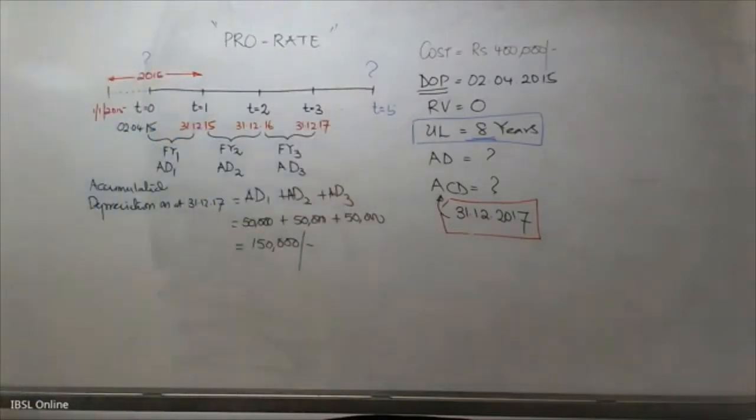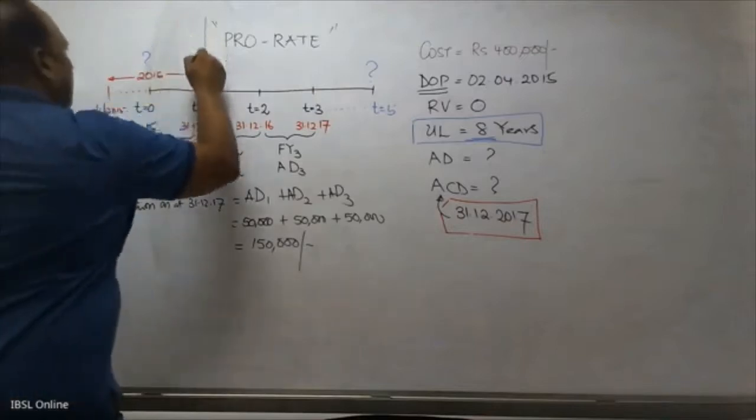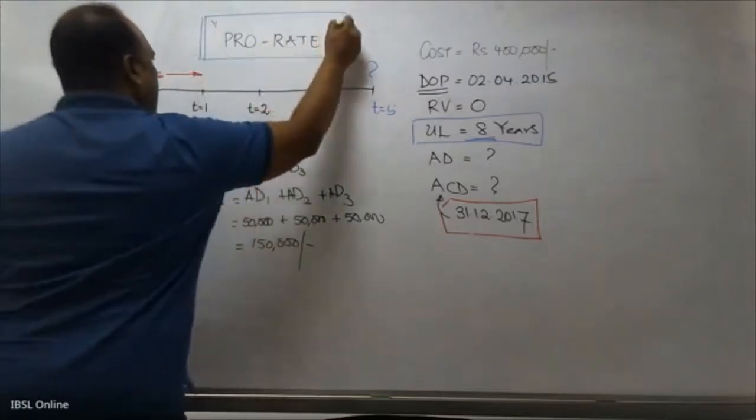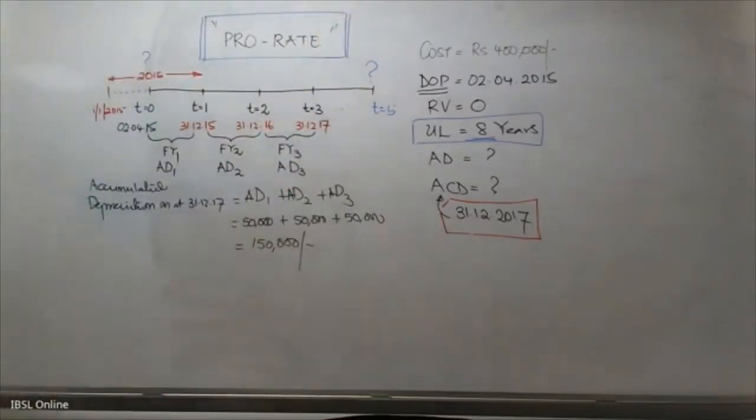So the policy has to clearly specify this. What is the method that I should apply in the depreciation calculation? If the policy is silent, then I need to apply the prorate convention. Very, very important.